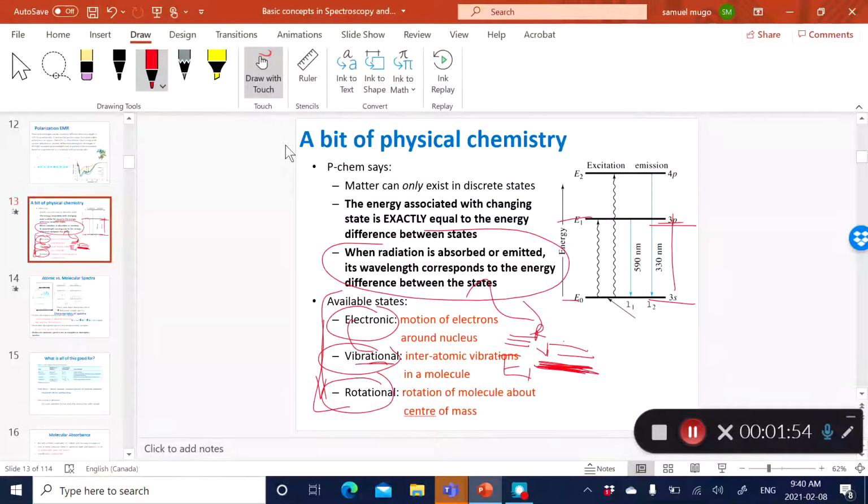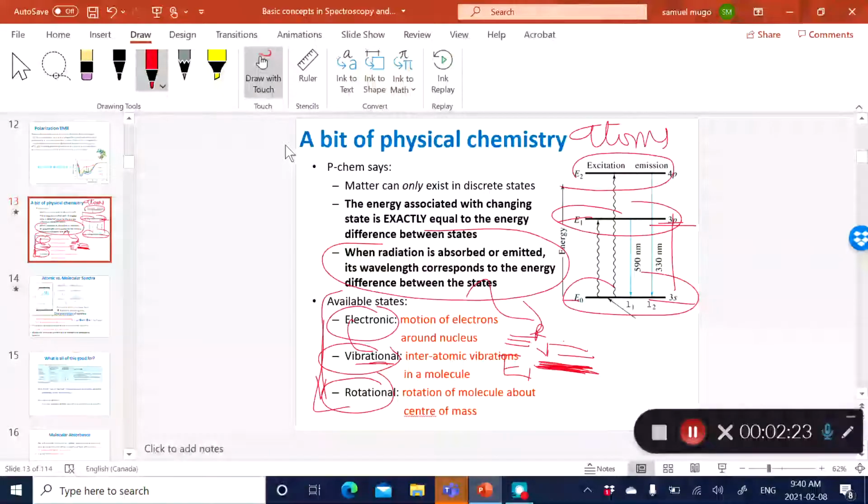However, for atoms, you do not have vibrational states, you do not have rotational states, and as such, all you have are electronic states. Meaning the transitions that are possible for atoms are fairly simple, because you've got very discrete electronic states, and you do not have vibrational and rotational states.